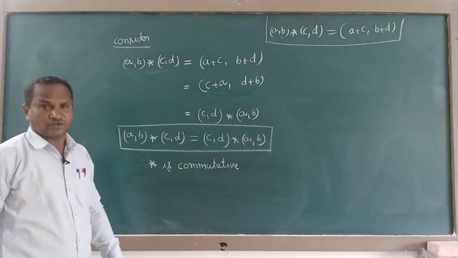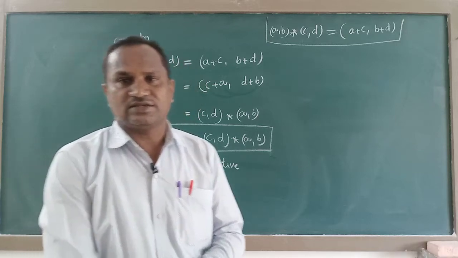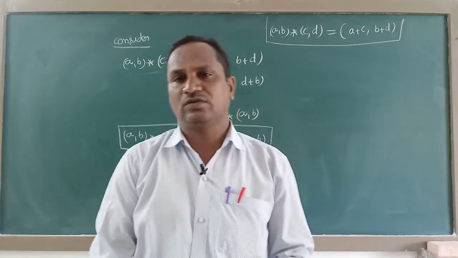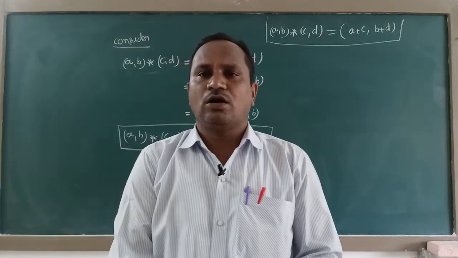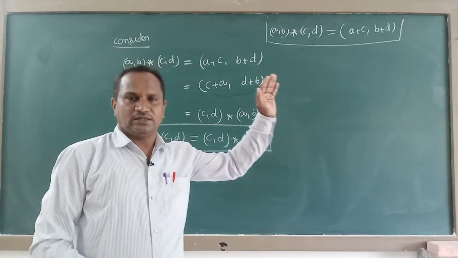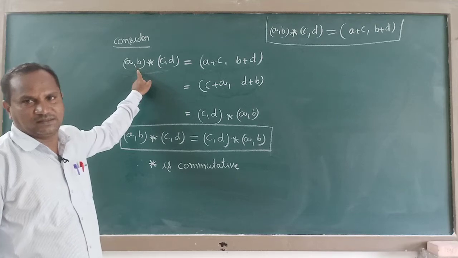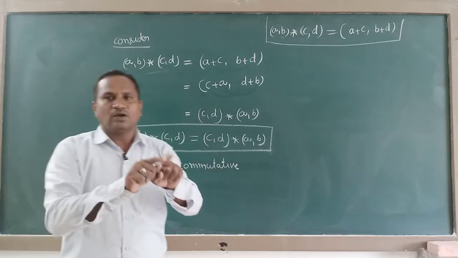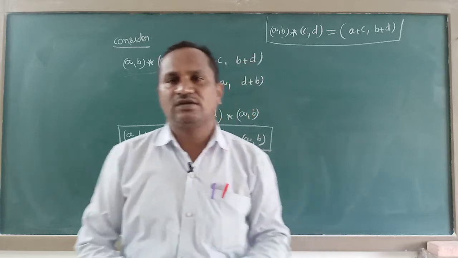Up to now, we solved single-letter problems, like A star B is equal to AB by 4. In that case, the formula to show commutative is A star B is equal to B star A. But here, in place of one single element, they gave one ordered pair. (A, B), with curved brackets and two letters, is one ordered pair.